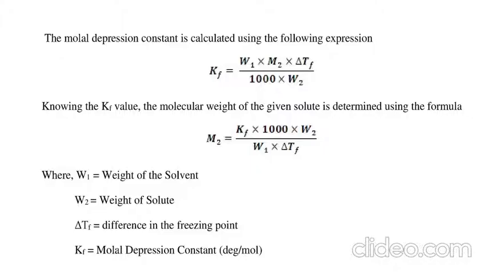Knowing the Kf value, the molecular weight of the given substance is determined using the formula M2 = Kf × 1000 × W2 / (W1 × ΔTf), where W1 is the weight of the solvent, W2 is the weight of solute, ΔTf is the difference in the freezing point, and Kf is the molar depression constant.